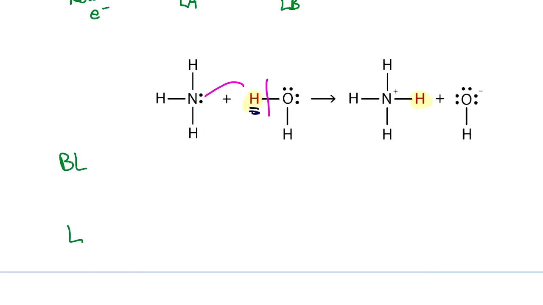So what's happening is that we're breaking this bond, and we're making a new bond with the ammonia. So what is donating the proton? Water or ammonia? Water is actually donating the proton. So H plus is being donated because that's where the bond is being broken. So that makes water the what? Lewis acid. Weird. Interesting.